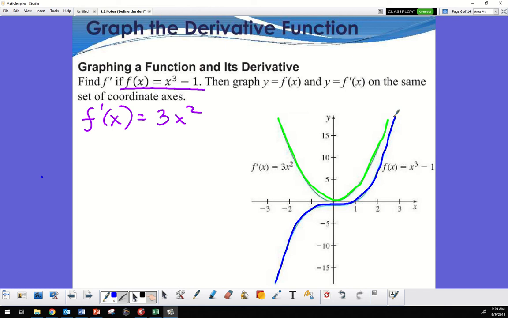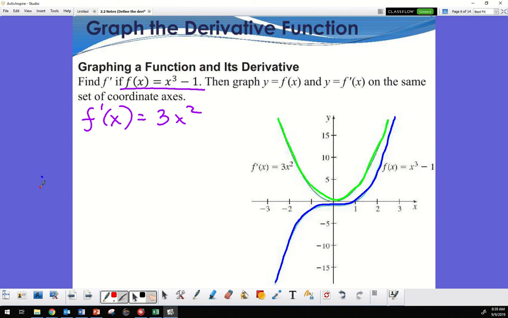We have to think about it as two different worlds when we're talking about the graph of the function and then the graph of the derivative. The graph of the derivative just means different things. I'm going to show you guys here. Now, the blue line is my graph of the function. Yes? Okay.